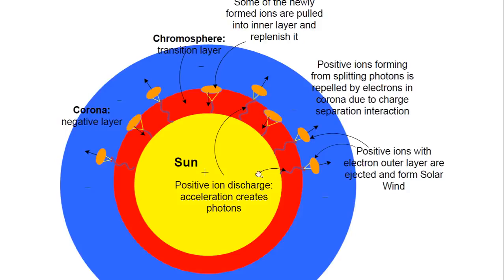And in the sun, sometimes, or actually often, the electrostatic interaction wins and manages to pull ions from the surface of the sun, and they move towards the negative particles. This causes actually a discharge and therefore a current flowing from the surface of the sun towards the corona, and this will flow through the chromosphere.